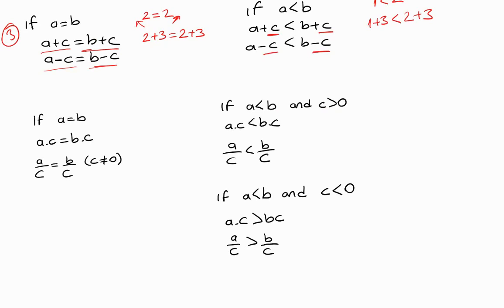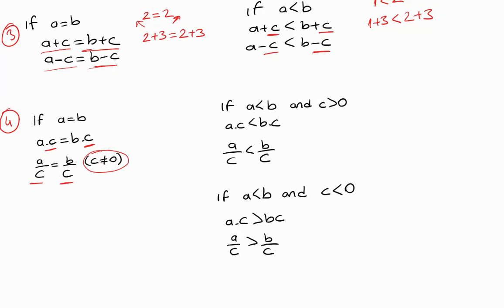Okay, and fourth and the last property is, if we know A equal B, and we multiply both sides with C, nothing changes. Or if we divide both sides with C, but C is supposed to be not equal 0, because if it's equal 0, it's undefined. So equality doesn't change.